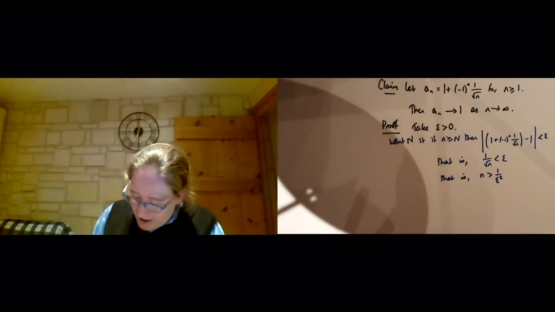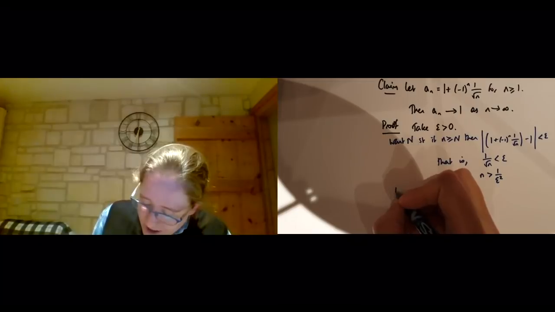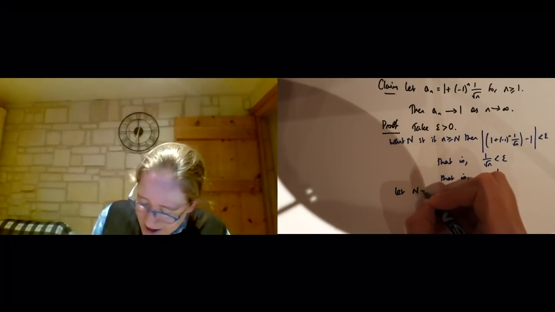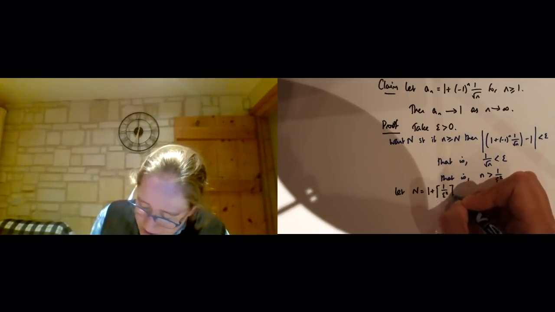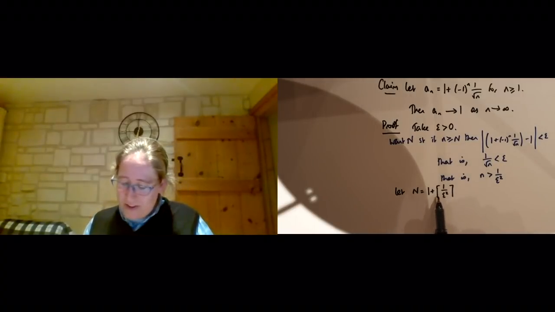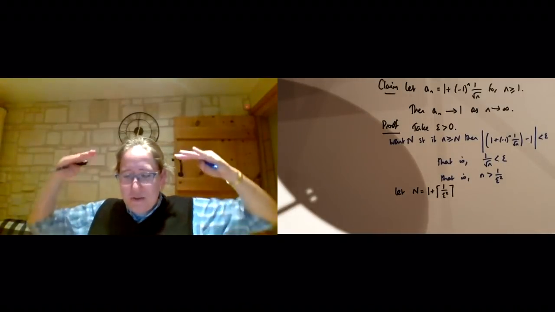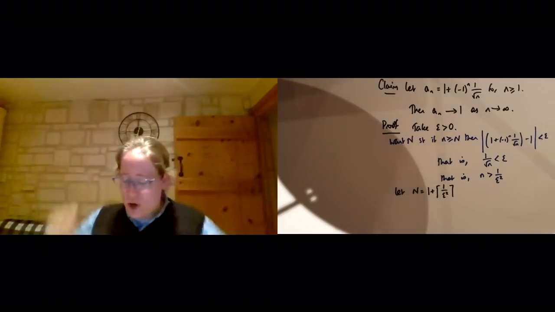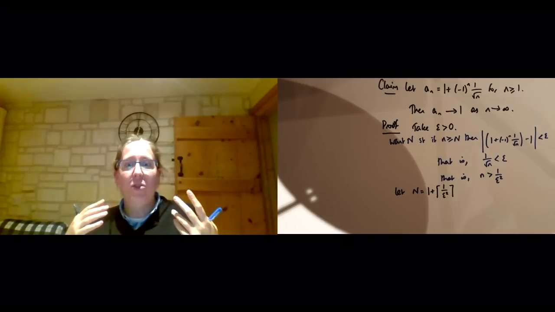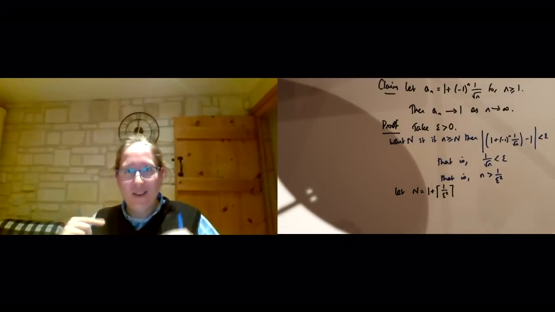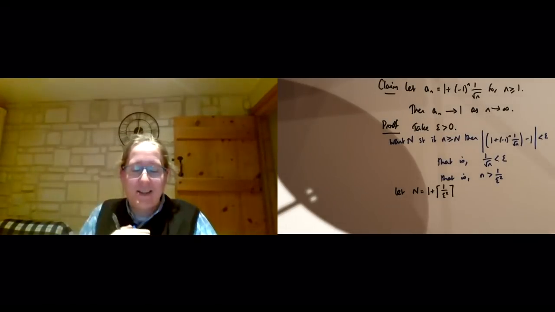So back to black. How are we going to do this carefully? I'm going to let capital N be 1 plus the ceiling function of 1 over epsilon squared. So this isn't a modulus sign, this is modulus signs but with little horizontal corners on the top. So this is supposed to denote the ceiling, and this means the smallest integer greater than or equal to the thing inside the ceiling brackets.